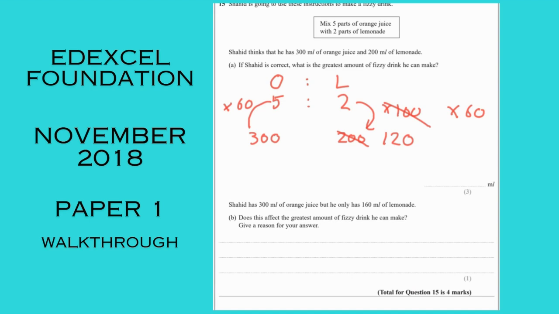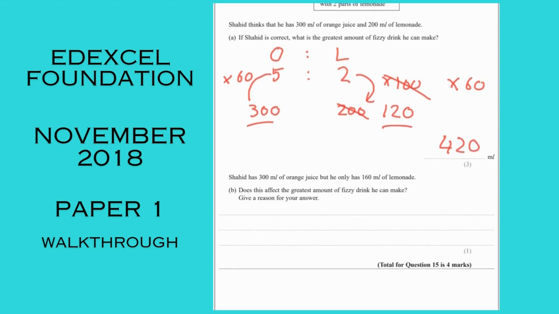If he's correct, what's the greatest amount? 300 plus 120, 420 mils. Shahid has 300 mils of orange juice, but only 160 mils of lemonade. So he's got slightly less lemonade. Does this affect the greatest amount?